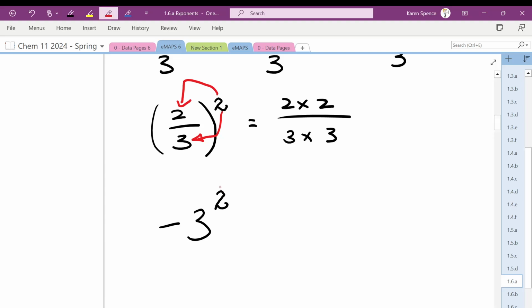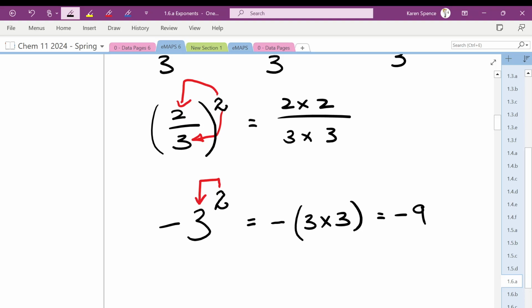So once again, the 2 only applies to the 3 and not to the negative sign. So I've got my negative sign and it does not get squared because the 2 isn't on it. There's no brackets. 3 times 3. So that's going to equal negative 9.